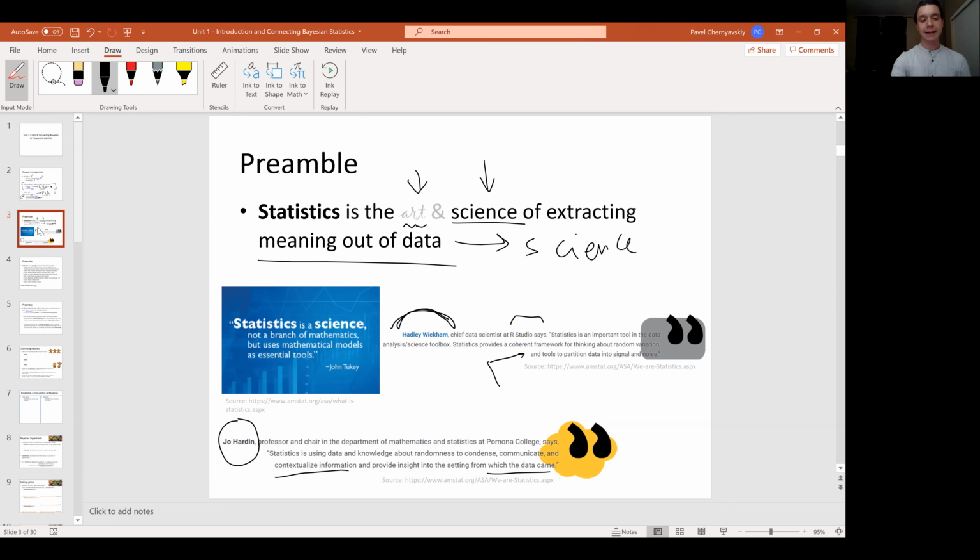And I think that Dr. Harden here is talking about the fact that to really interpret statistical models, we have to know where they came from. We have to know about the data generating process. The more subject matter expertise we have, the better we're able to contextualize our findings.